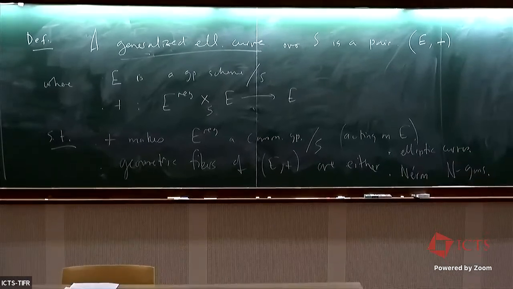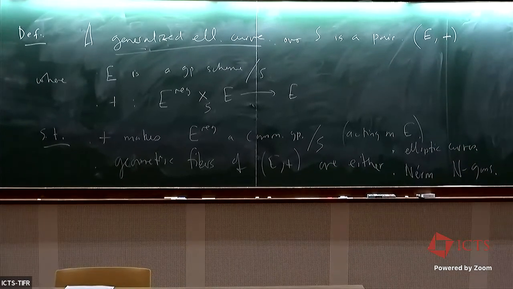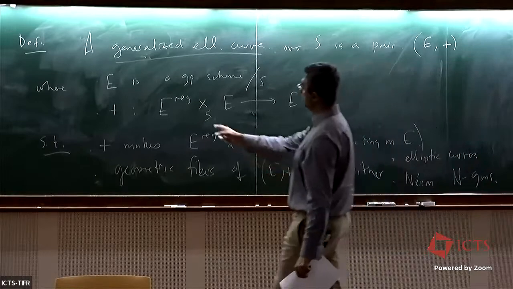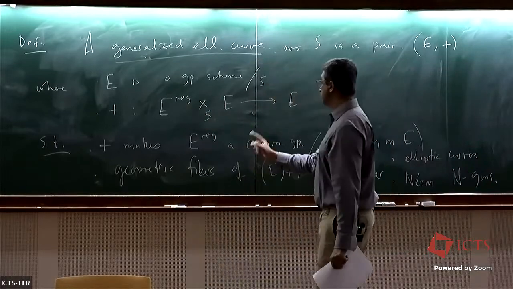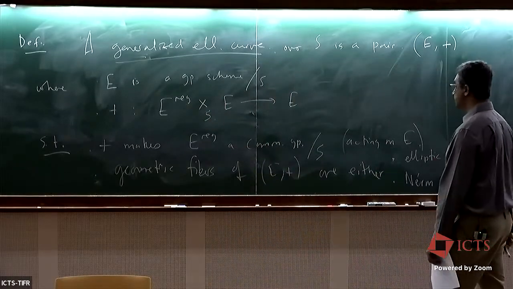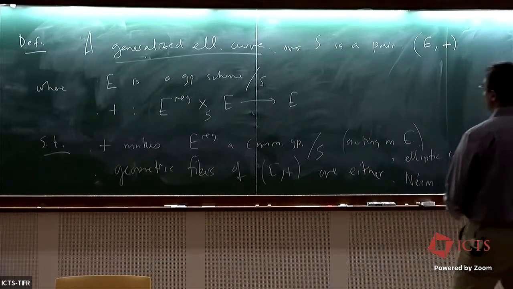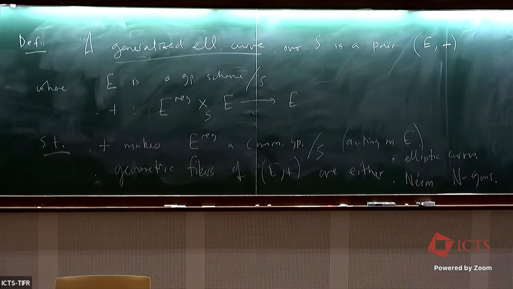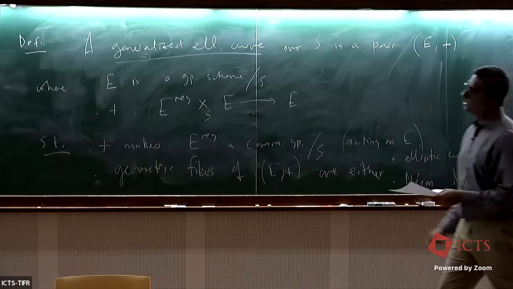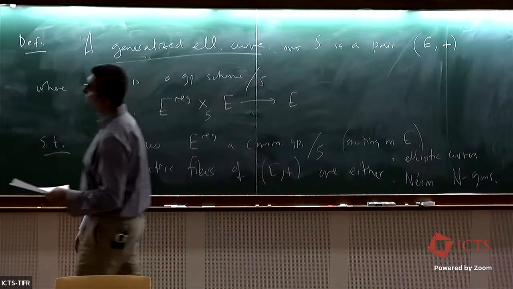So a generalized elliptic curve is almost an elliptic curve, but not quite. The action is of the smooth part that makes E reg into a commutative group scheme. And you require that the geometric fibers, that is, you work over an algebraically closed field, are either elliptic curves or Néron n-gons. This is the definition of a generalized elliptic curve.